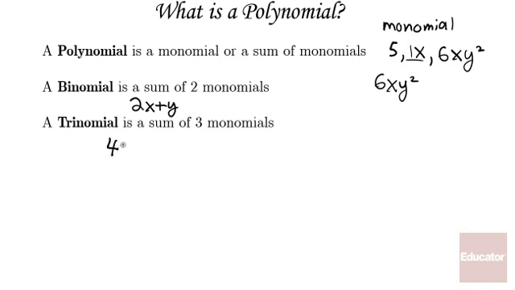For example, 4x squared plus x plus 3, that's a trinomial. Again, I could also use subtraction. So I could have 4xy plus 2x minus 4, and that's also a trinomial. You can also have longer polynomials. There might be 4 or even more terms.